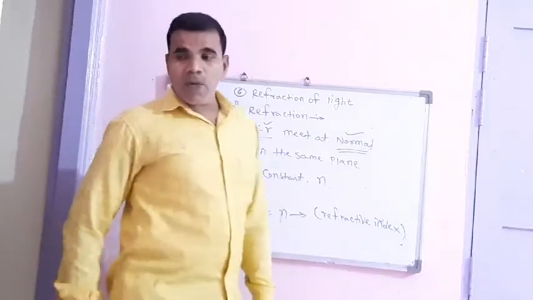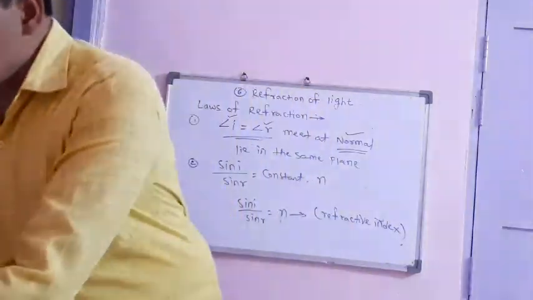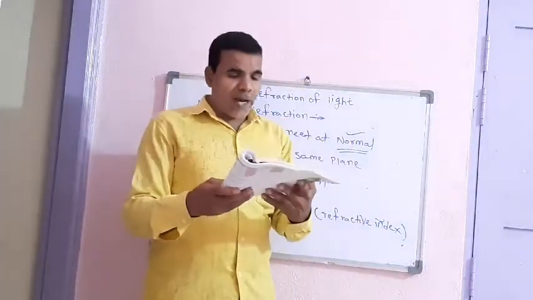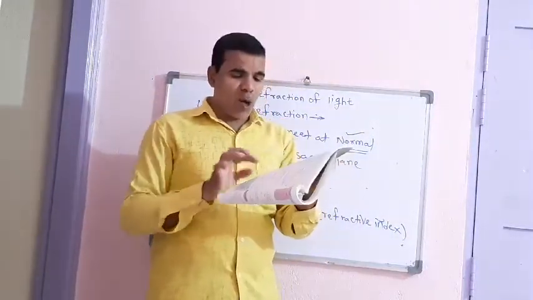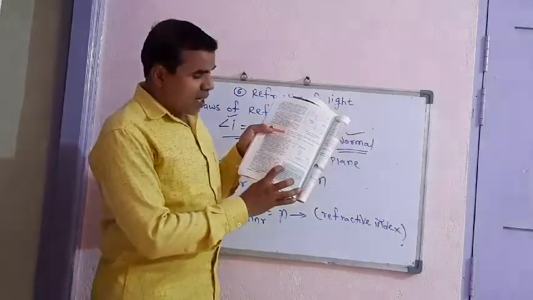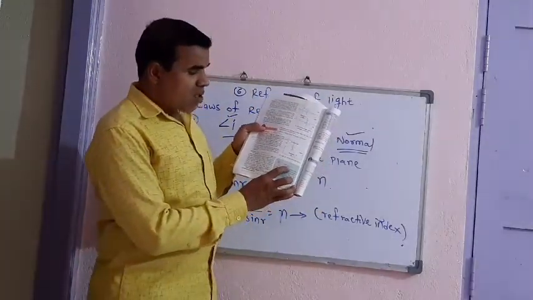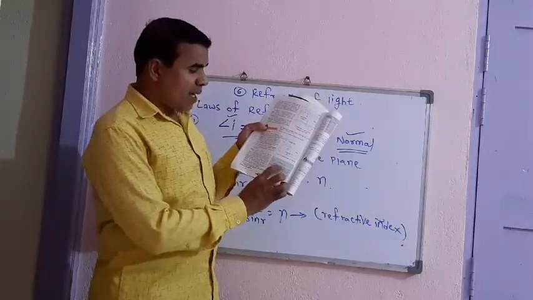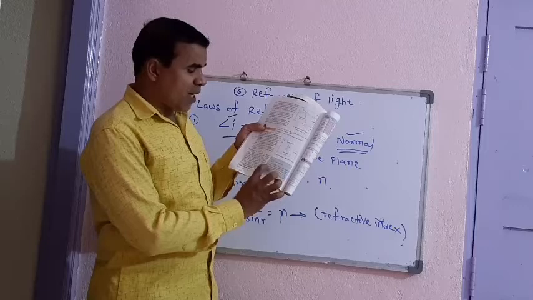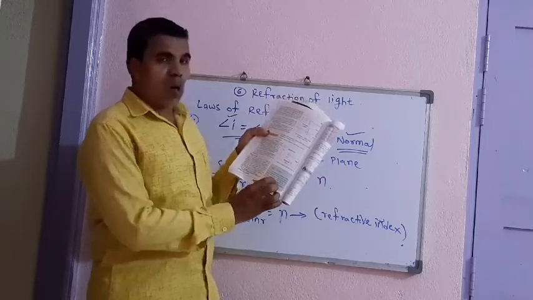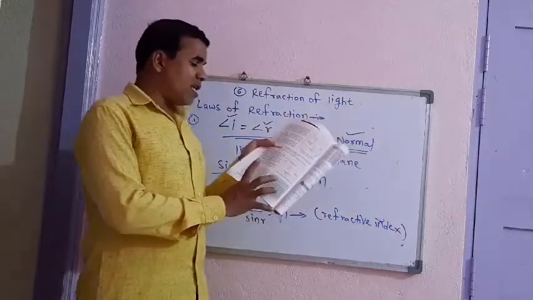It depends on the velocity of light in the medium. Sin i upon sin r equals a constant n, the refractive index of the second medium with respect to the first, and this is also known as Snell's law.